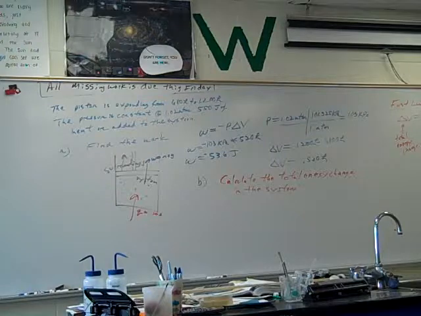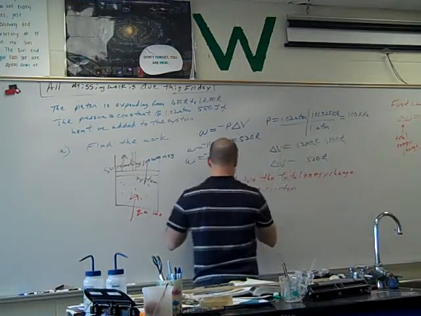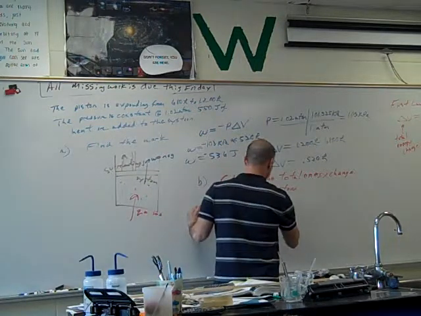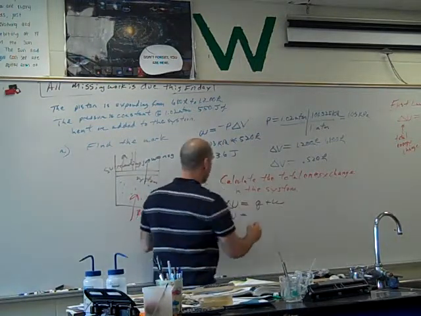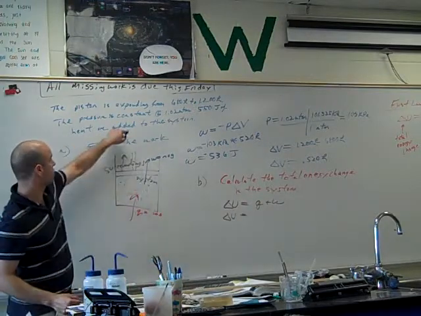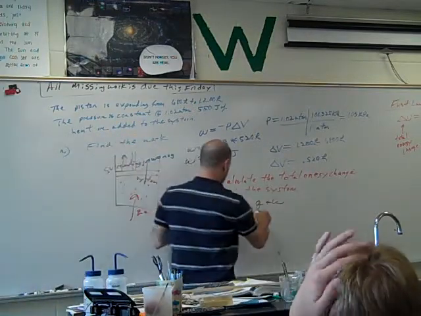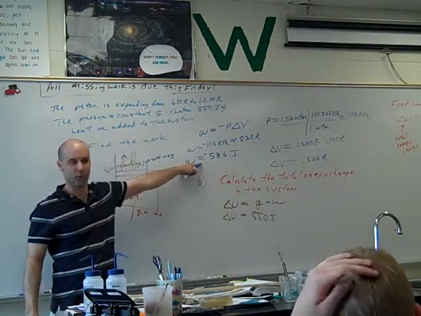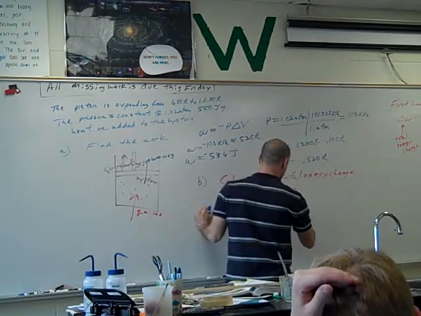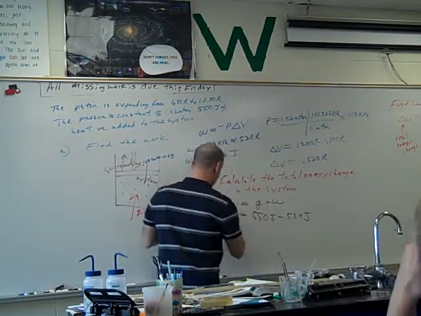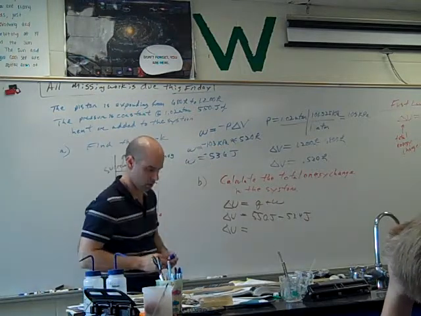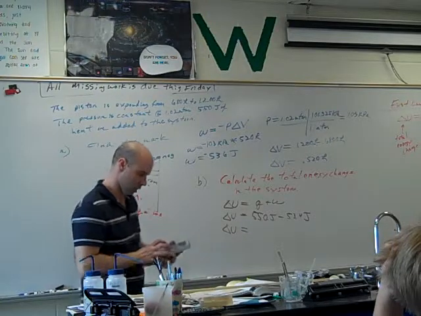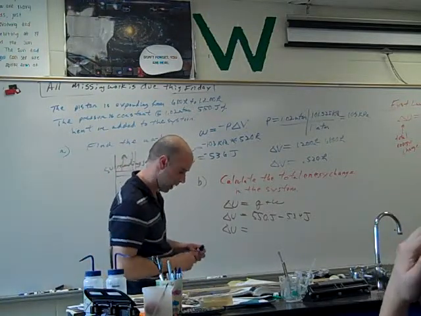To calculate the delta U for this problem, it would be Q plus W. So delta U would be, my Q is positive 550. My work is negative 53.6. So the total energy change is, with sig figs, 497.